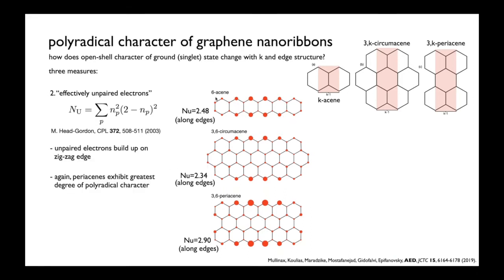And we can see that the unpaired electrons build up along each of the zigzag edges. And if I sum up just the number of unpaired electrons along the edges, I find about 2.5 for oligoacenes, about 2 1/3 for the circumacene, and almost 3 for the periacene. So with this metric, actually the circumacenes seem like they have less open shell character than the oligoacenes, and the periacenes again are in their own category.